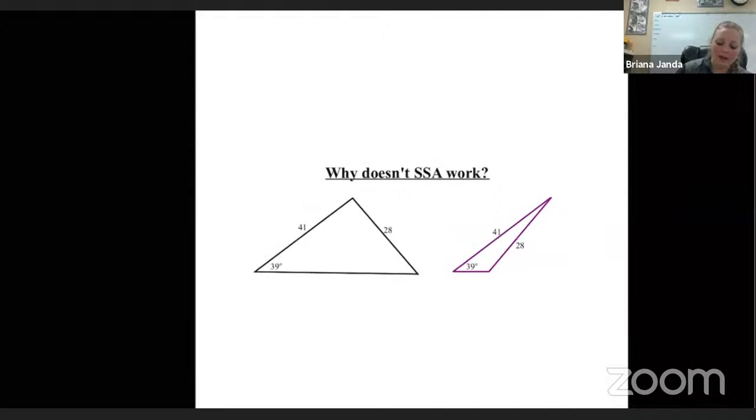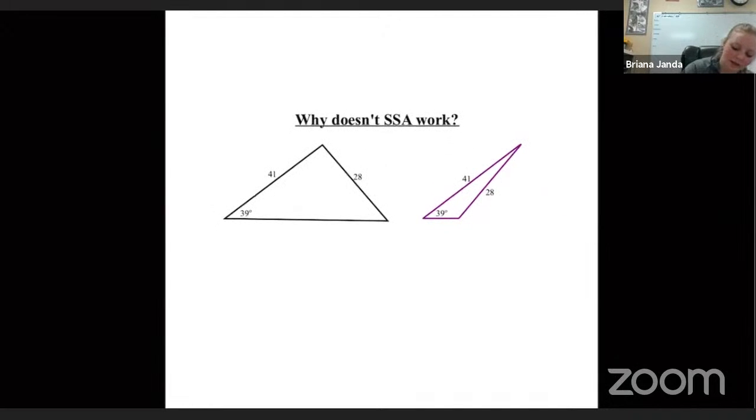Okay, so why back in geometry were we not allowed to use the one we wanted to so bad, which is angle-side-side? Well, this is a visual representation of why that is not a way to prove that two triangles are congruent to each other. If you look in this picture, I have a 39-degree angle adjacent to a 41 unit side length and opposite of a side length marked as 28.